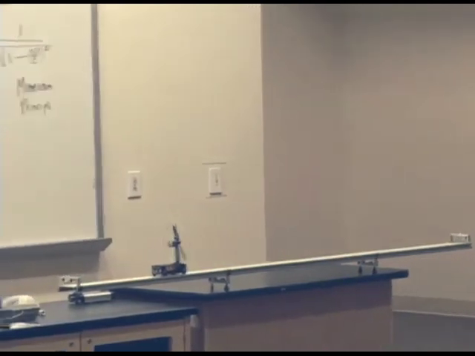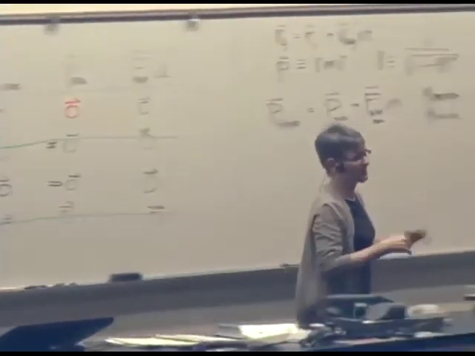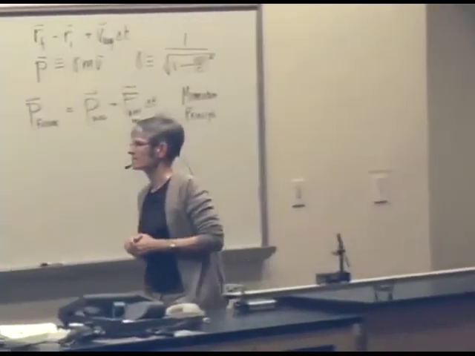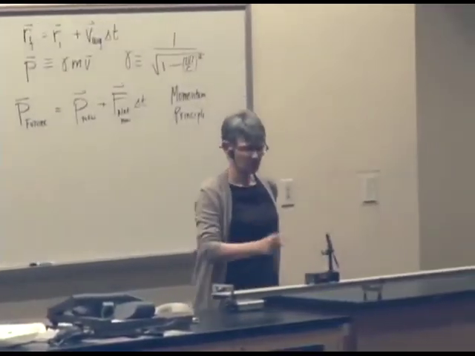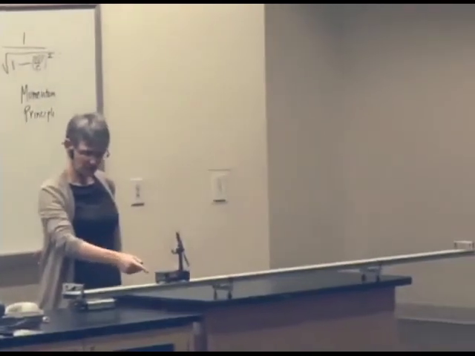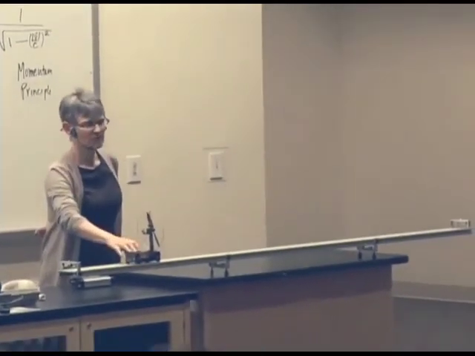So the momentum's 0, net force is 0, net impulse is 0, momentum in the future is 0. That's an easy one, right? Okay, we decided that the net force in the y direction must be 0.